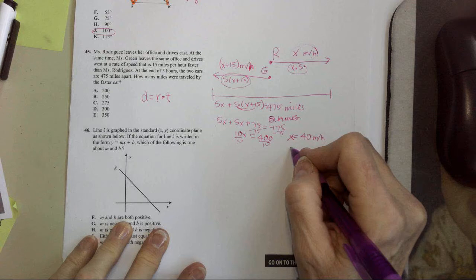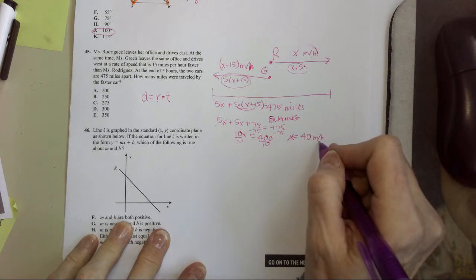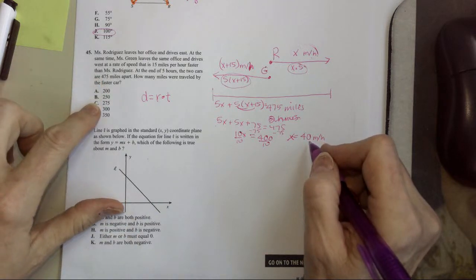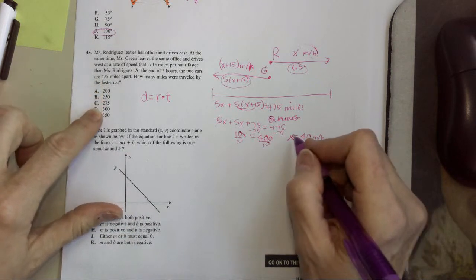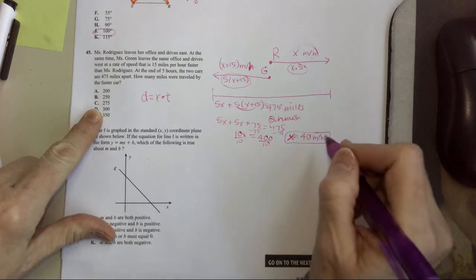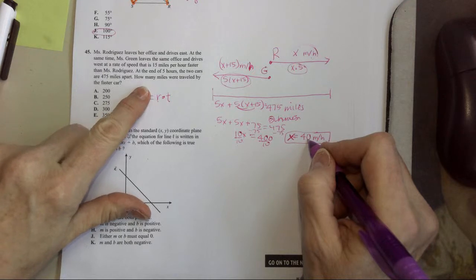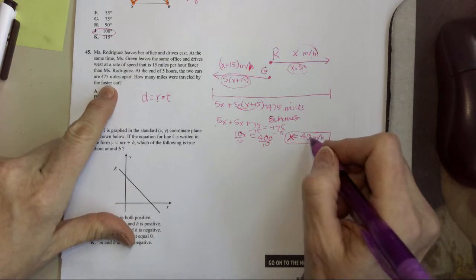Then, remember, I don't want to answer it with just the 40. That would have been a pretty logical answer choice on the ACT, because they try to find mistakes like that people make. But we actually have to find out how many miles were traveled by the faster car. Well, that's not the rate of the faster car.